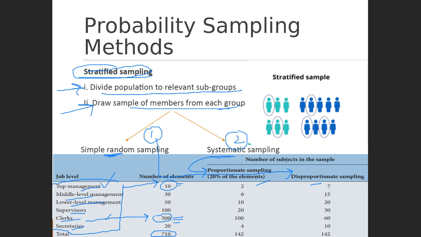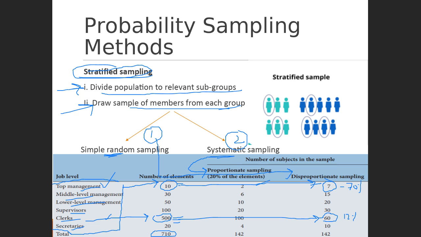Now, for instance, if you choose elements randomly from each subgroup, you run the risk of underrepresenting or overrepresenting some subgroups. For instance, when you are choosing randomly, say 70% of the population of top management is part of your sample. But if you see the clerks, only 60 are part of your sample, which means only maybe 12%.